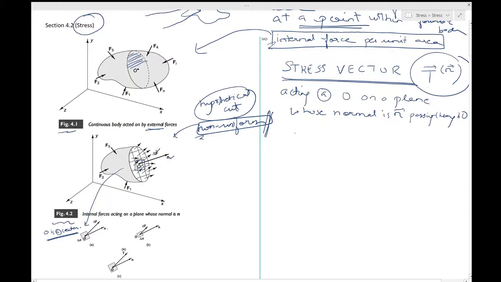You want to define this. I mention this with the equality and a define symbol just to tell that this is a definition, and this is one habit which you can also take. Sorry, it should be delta A, and then the limit on delta A must be that it tends to 0. So this is how we define a stress vector.